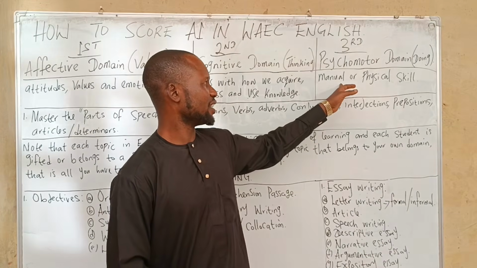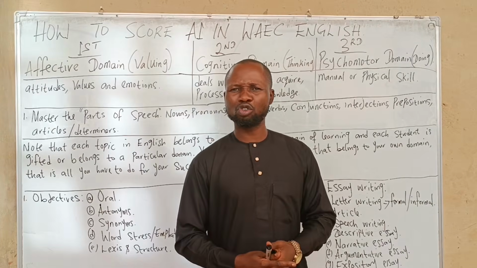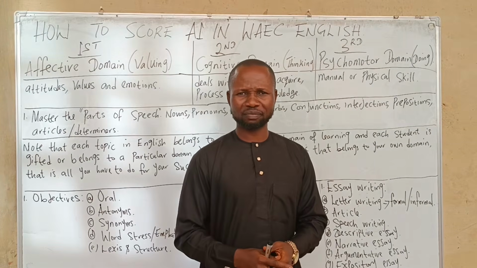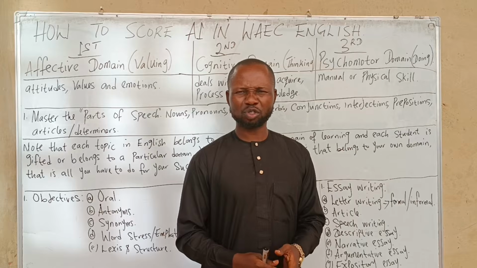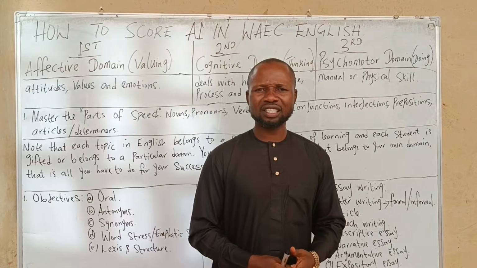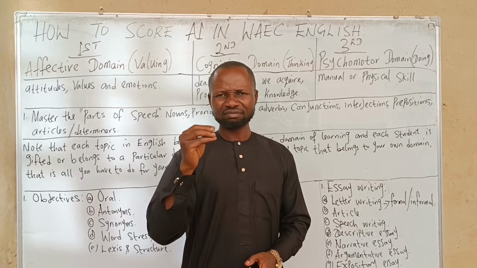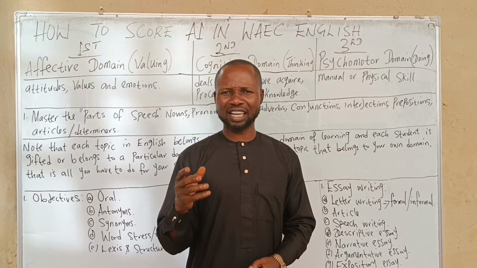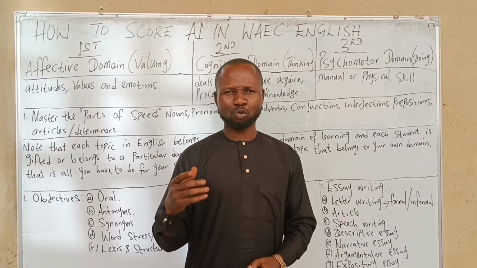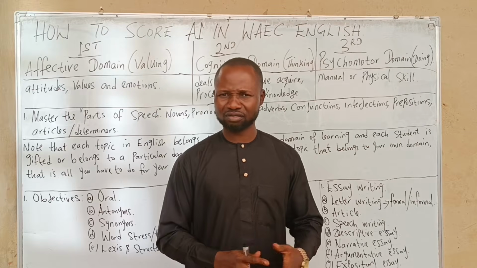Then the last domain is what? Psychomotor domain. Yes, this psychomotor domain involves what? Doing, skill. Let me also add something, maybe like craft, manual or physical. This kind of student, just give them an instruction, maybe like write a letter to your friend and ask your friend why he or she has not visited you for the past few months.